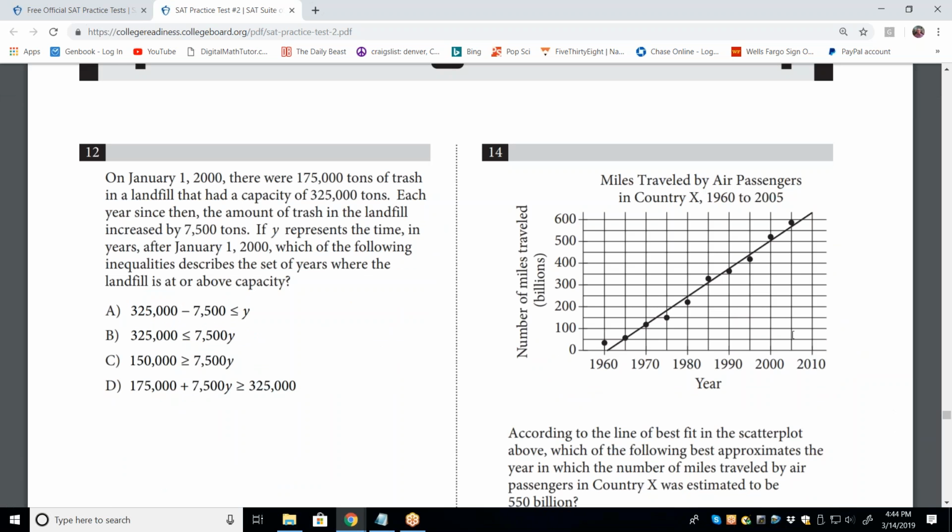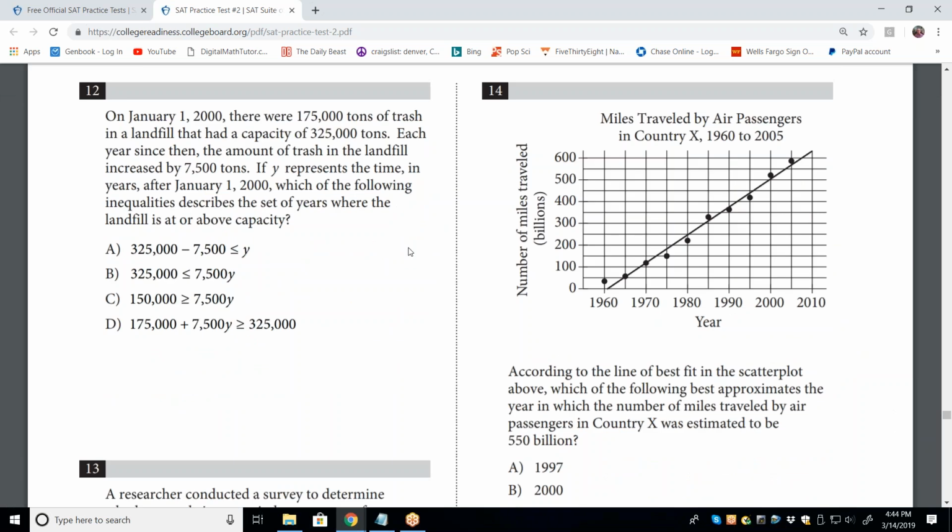Number 12, calculator problem. Try to figure out what they're talking about.